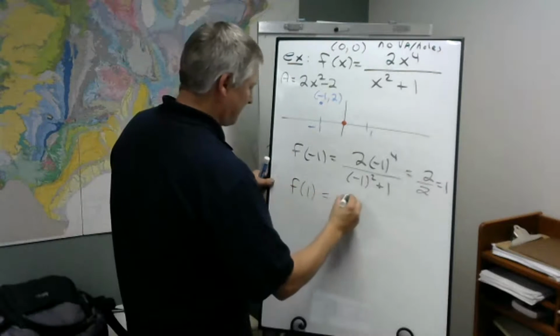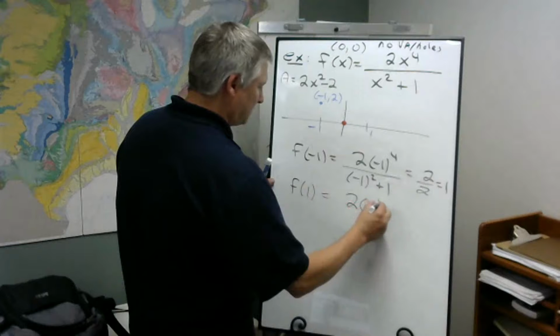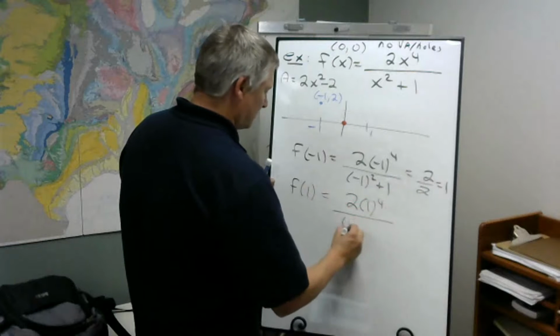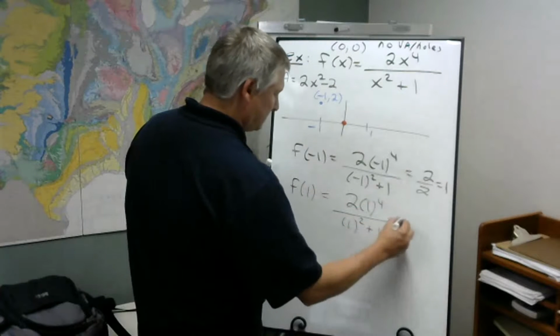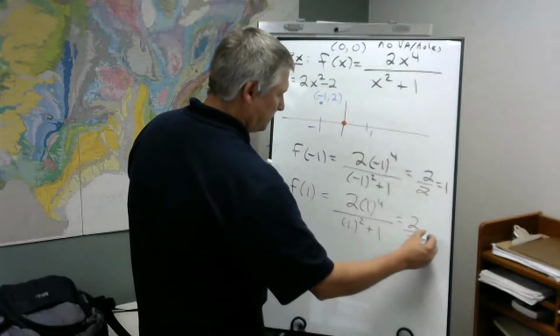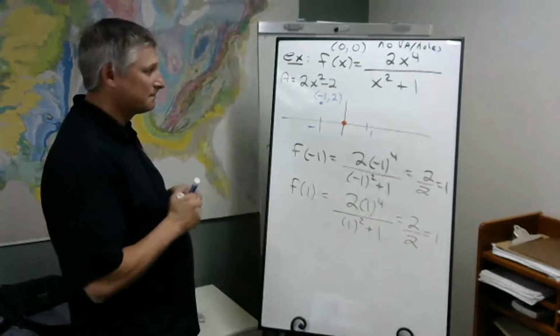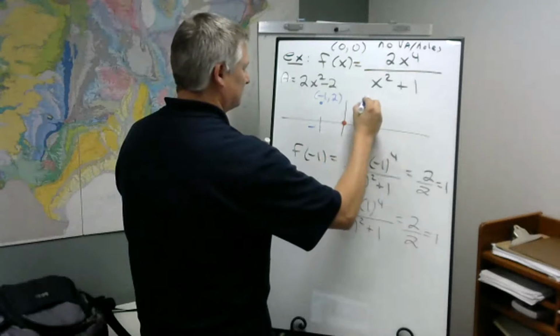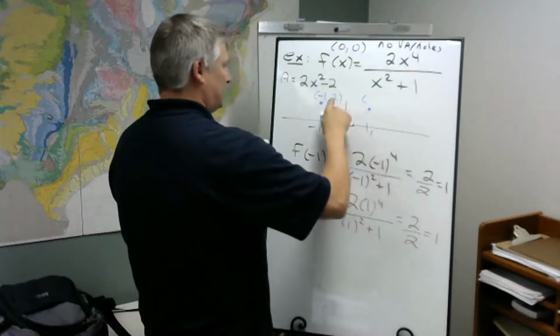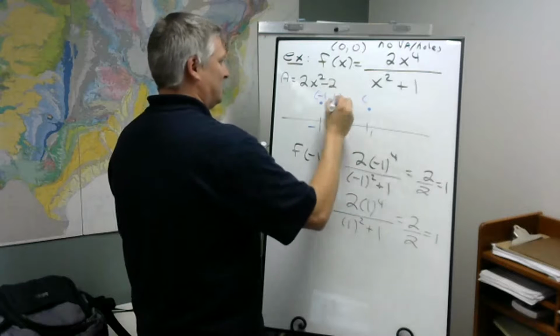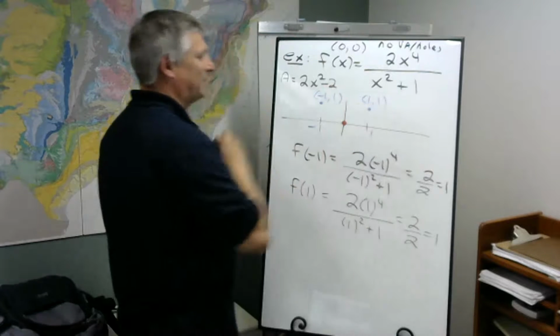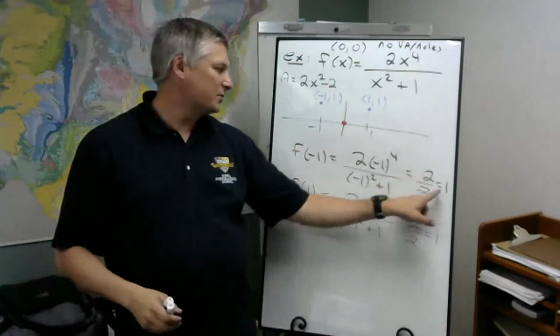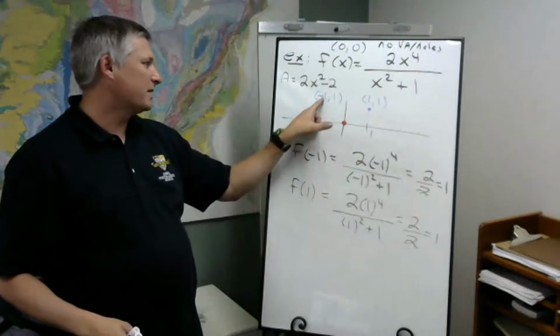F of 1 is 2 times 1 to the fourth, over 1 squared plus 1, 2 over 2, which is equal to 1. Sorry, it was 2 over 2 is 1, so f of -1 is 1, and f of 1 is 1. My apologies. So the test points are -1, 1 and 1, 1.